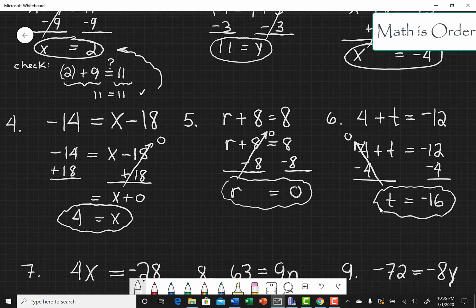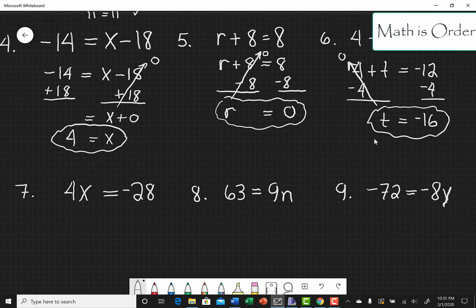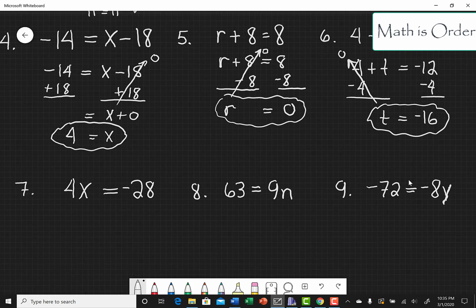Right, moving on to the next. Okay, for this question, number 7, let's go ahead and rewrite this. 4x equal negative 28. Now, this time, our goal is still to get the variable by itself.